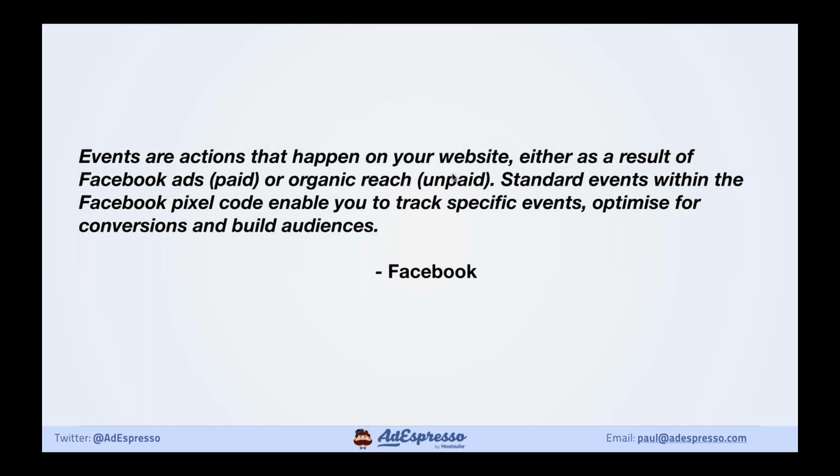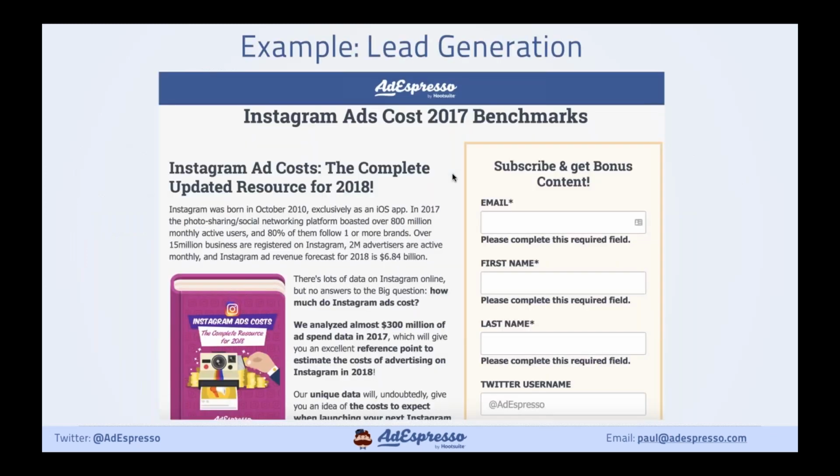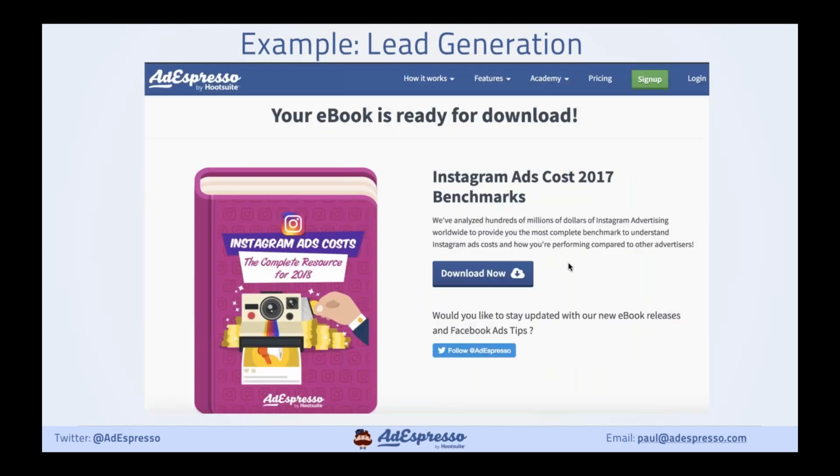So I'll give you an example of what we would do. We're not going to look at code yet. We'll look at that a little bit later. This is an example of a landing page that we've got on the AdEspresso site. People can download this ebook and they fill in their first name, last name, and hit submit. So what happens is we need to tell Facebook that this is a lead. So in this case we take people through to this thank you page.